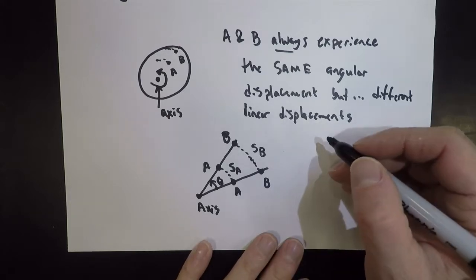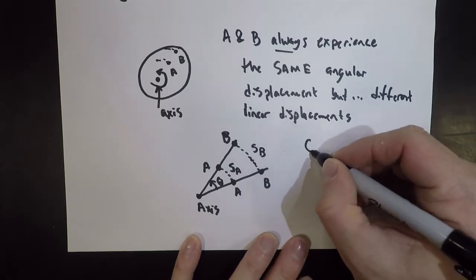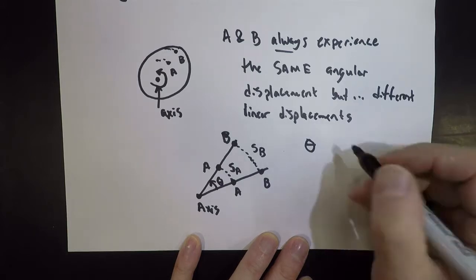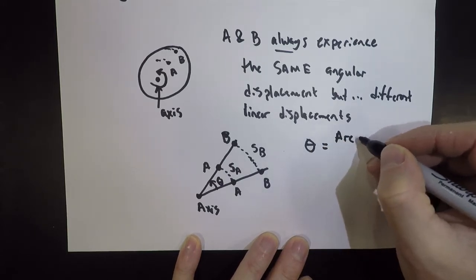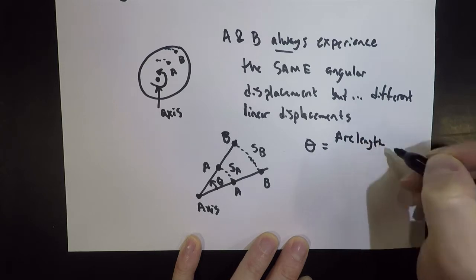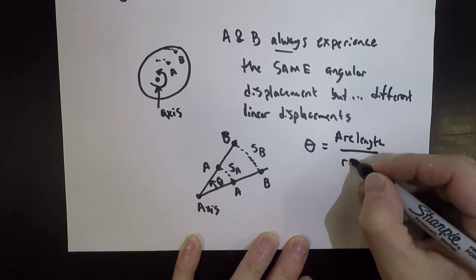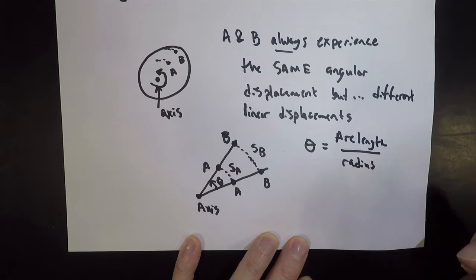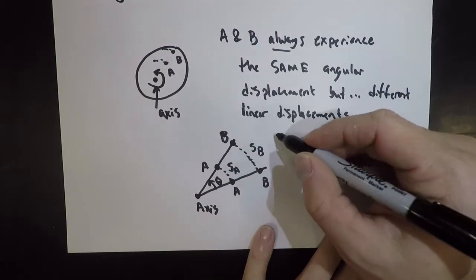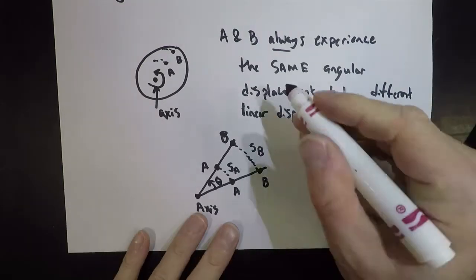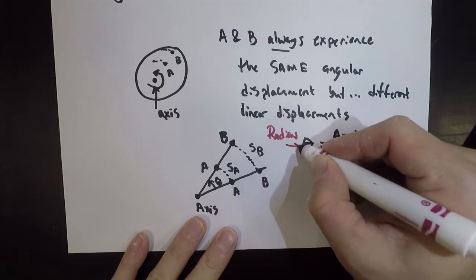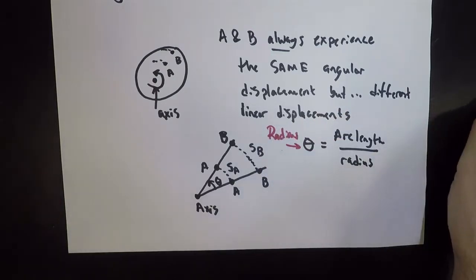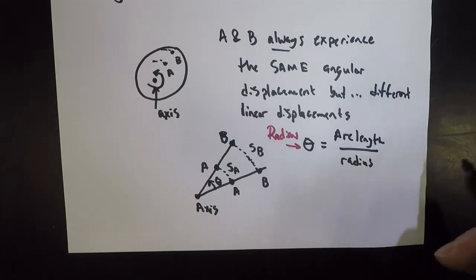Okay. So in general, an angle subtended is equal to a ratio of arc length to radius, as long as my angle is measured in radians. This is how radians work: a ratio of arc length to radius, a way of measuring the angle.